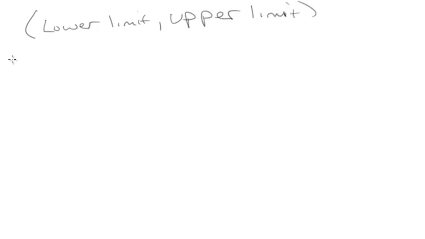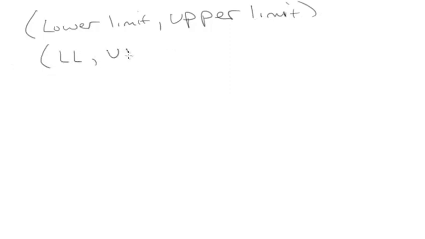Okay, so suppose we've got a confidence interval. I'll just make it a generic confidence interval. So the bottom end of the confidence interval I'm going to call the lower limit. And the upper end of the confidence interval I'm going to call the upper limit, which I'm going to abbreviate because that's a lot of writing.